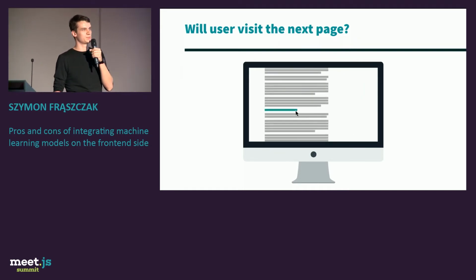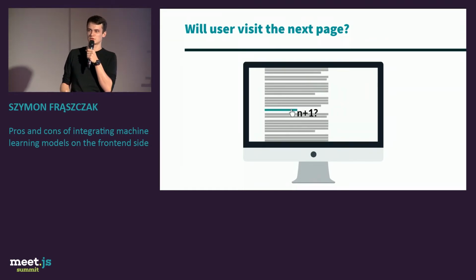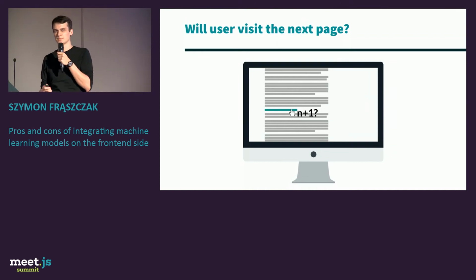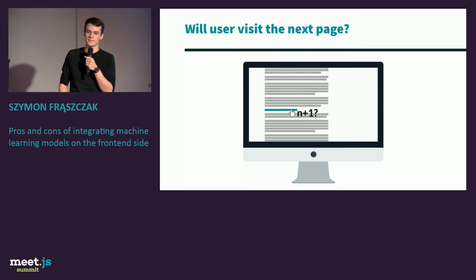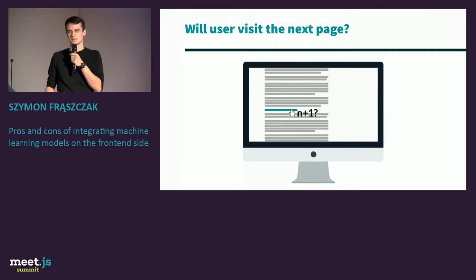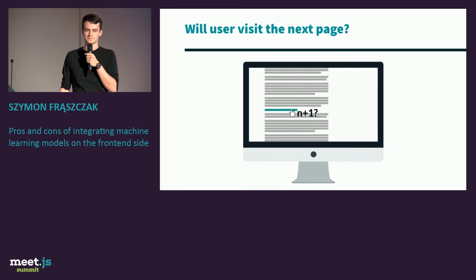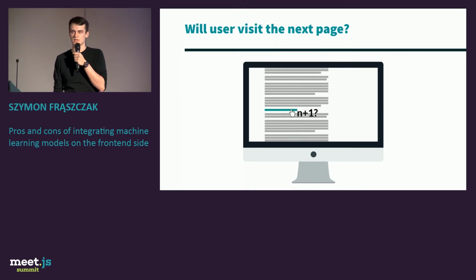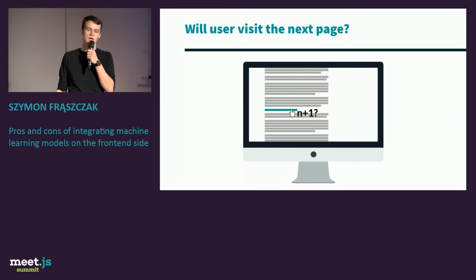We wanted to predict that in order to show him some kind of goodbye message, for example, recommend that he download our mobile app so he could stay with us a bit longer. And in this project, we decided to use the decision tree classifier machine learning model. And now I would like to show how it looks.